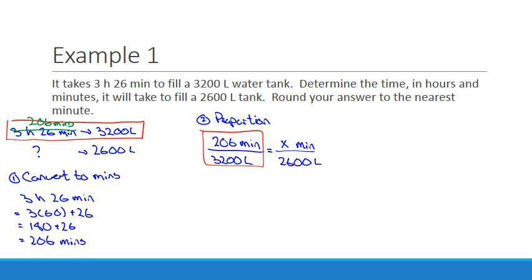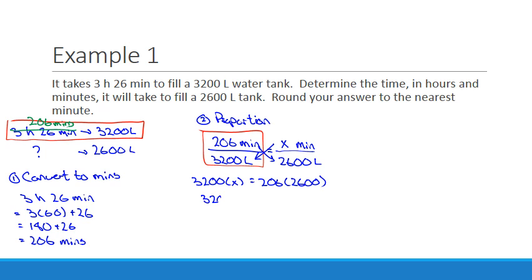Okay, so now that I have my proportion set up, I'll cross multiply. I always like to bring my variable to the left side. So it'll be 3,200 times x equals 206 times 2,600. Again, don't bring your units with you. The units are just there to help you set things up.